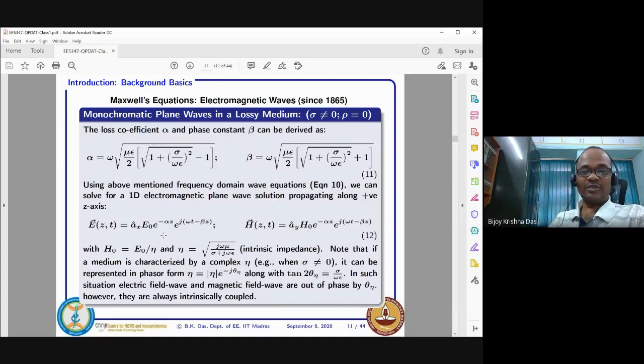Basically, H naught is E naught scaled by eta, and this eta is a complex value, like this.